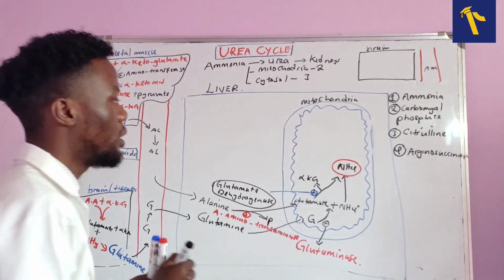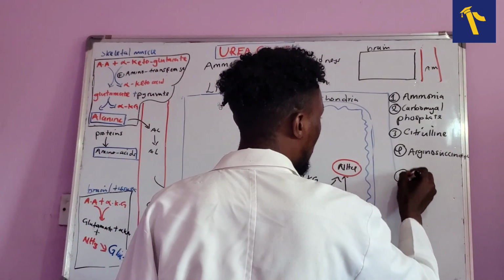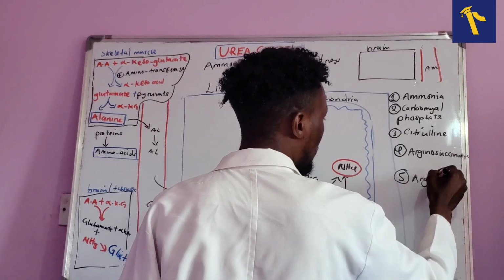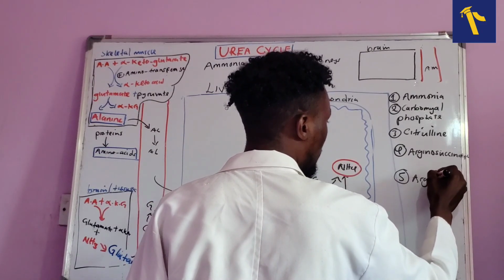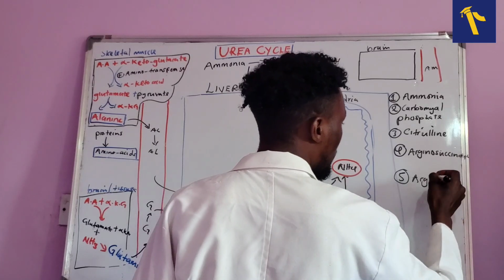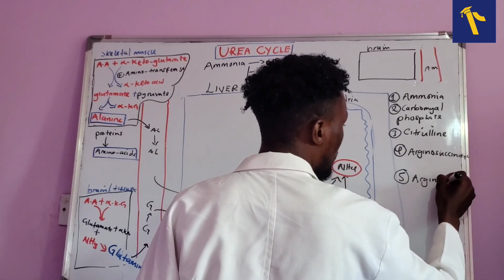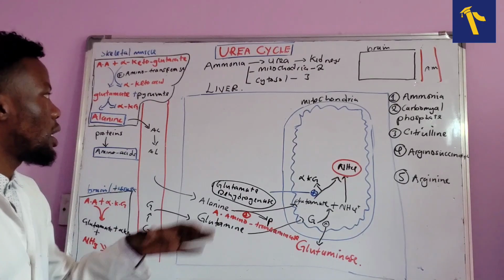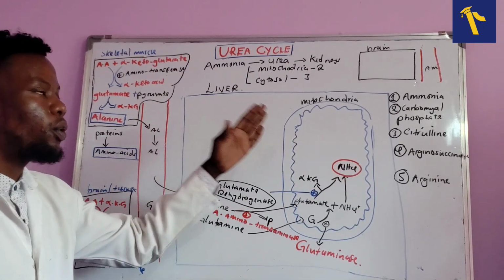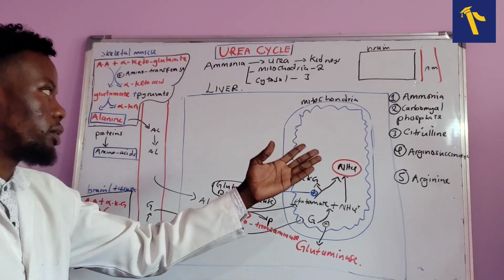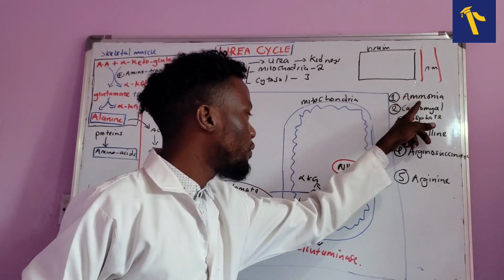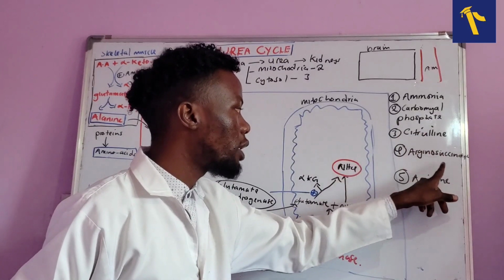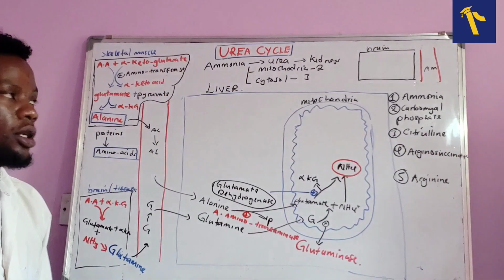Then the last one, number 5, is arginine. Remember what we said: how many processes are going to be involved in the urea cycle? There are about 5. There is the ammonia, the first step, carbamoyl phosphate production, citrulline production, argininosuccinate, and the arginine production.